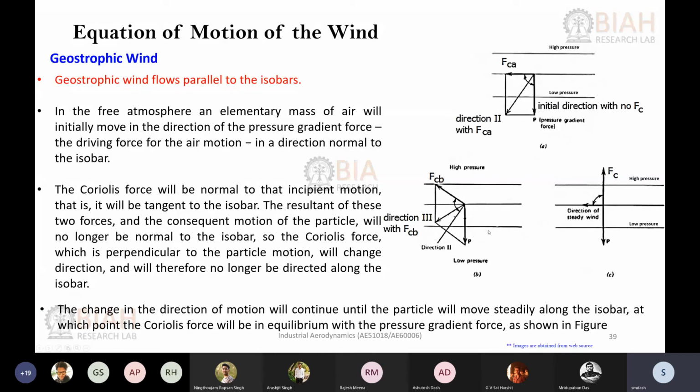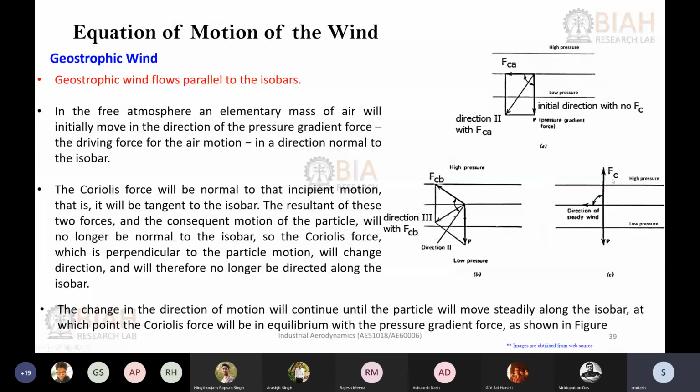In this similar way, you can see that the wind direction will continue to change until you get a force balance between your Coriolis force and your pressure gradient force.